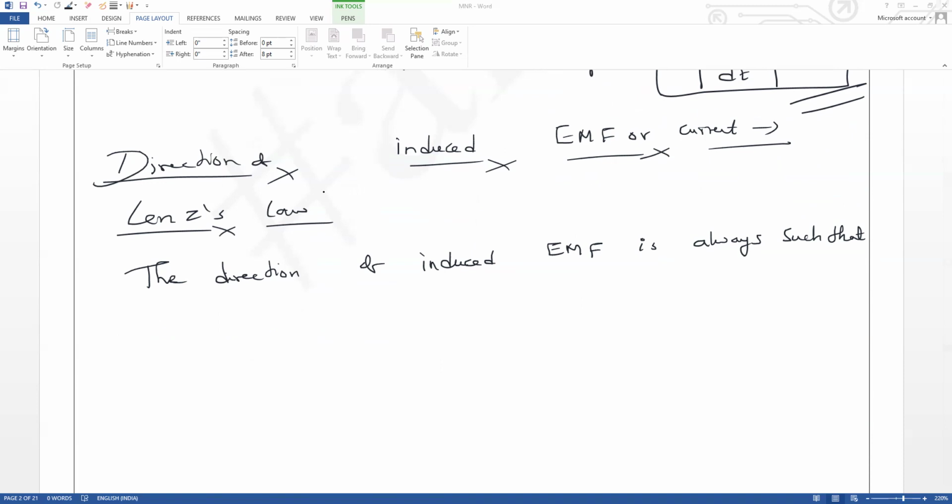When the bar magnet is brought close to that circular coil, the current goes in an anti-clockwise direction, sir. So one side becomes north and the other becomes south.